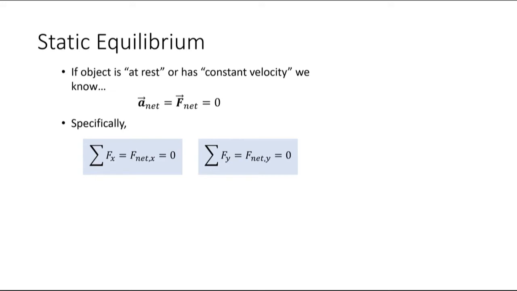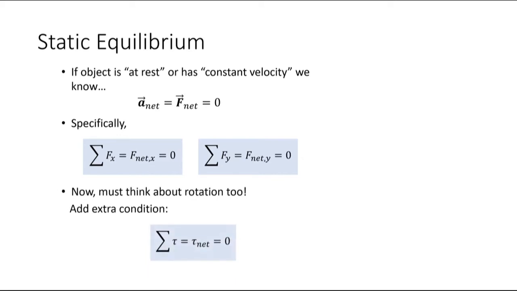And rotational acceleration is just equal to the change in that rotational velocity. So if it's not changing, then we have no net rotational acceleration for our object. And we just learned that rotational acceleration is proportional to the net torque acting on an object, so we must have the condition that the net torque acting on the object must be 0 as well.